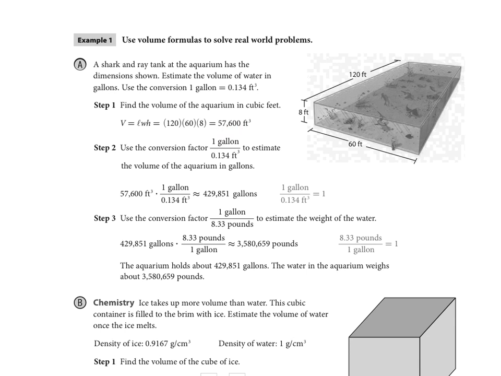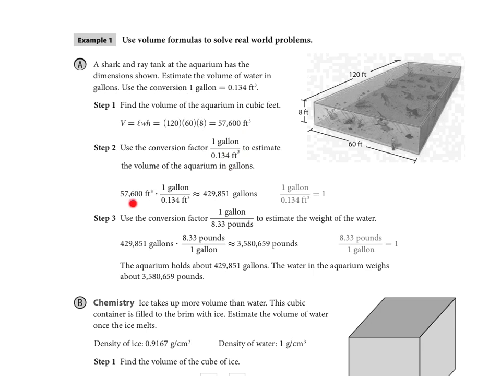After we multiply that out, now we're going to talk about estimating, okay, well, what does that mean as far as in gallons? So step 2, we're given a conversion factor that 1 gallon equals 0.134 feet cubed. And the question is, do I need gallons on the top or feet cubed on the top? Well, I need gallons on the top because that's where I'm headed, and feet cubed on the bottom because that's going to cancel with the feet cubed that I already have.